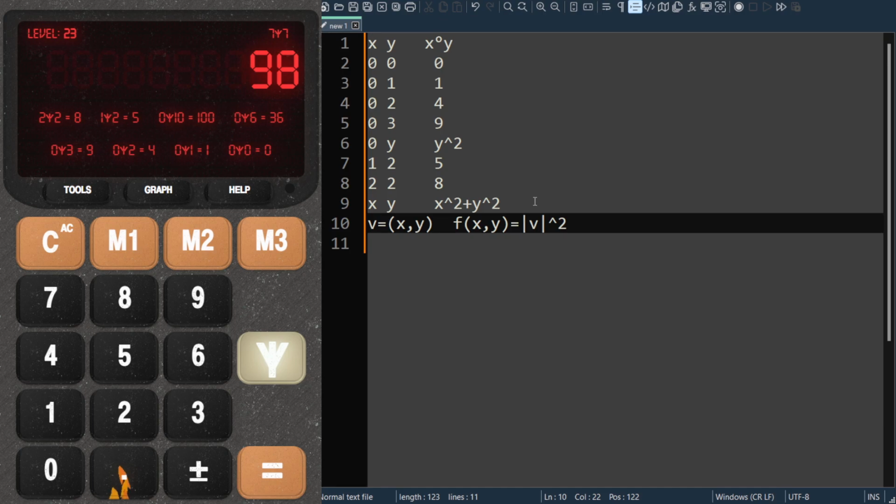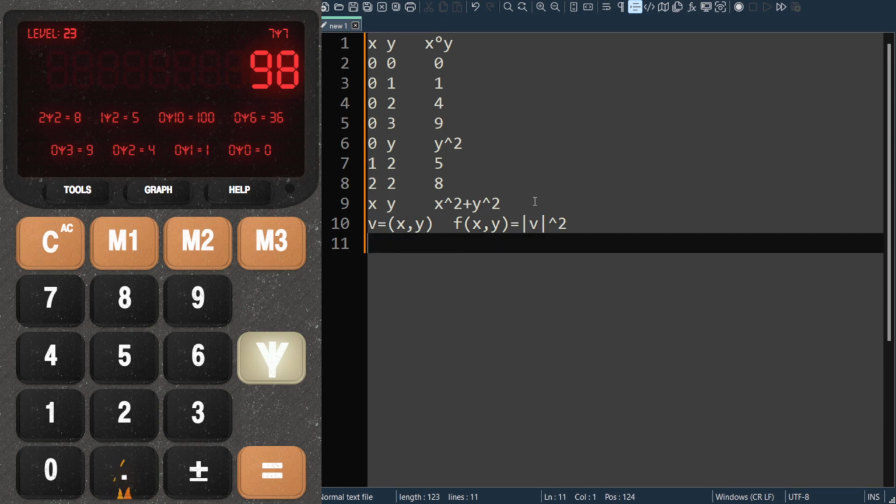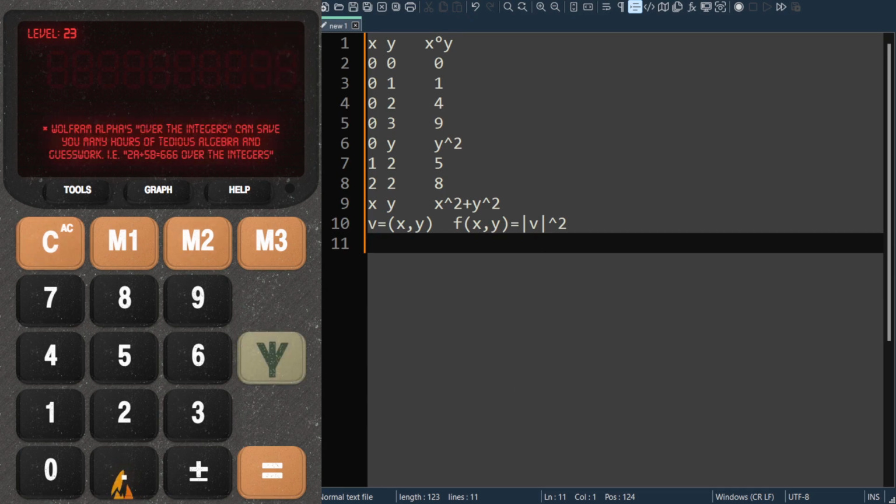Because the absolute value of v, if you look at the Pythagorean theorem, is the square root of x squared, the first component, plus y squared, the second component. Okay, now we have to think about x squared plus y squared equals 666.